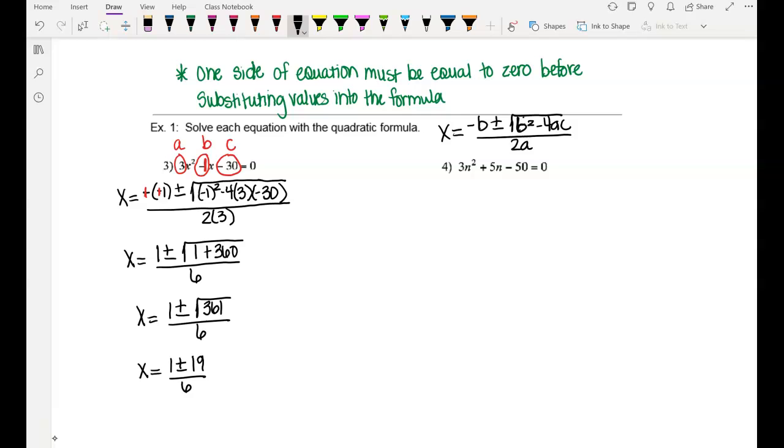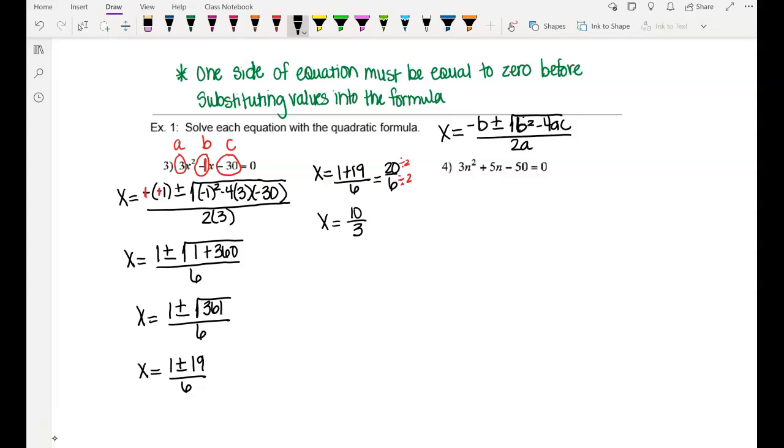Again, at this point, that's where I have to solve 1 plus 19 divided by 6 and 1 minus 19 divided by 6. So x equals 1 plus 19 divided by 6, which is 20 divided by 6. They can both be reduced by 2. So x equals 10 over 3.